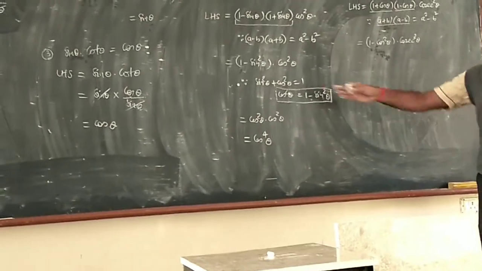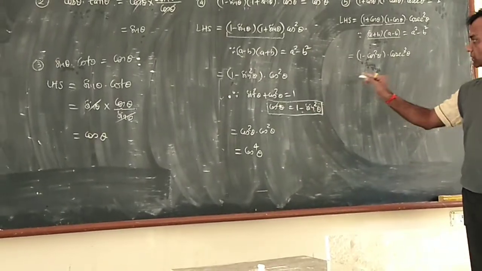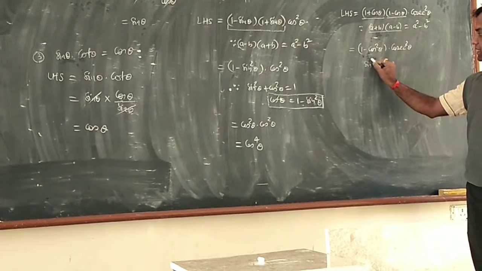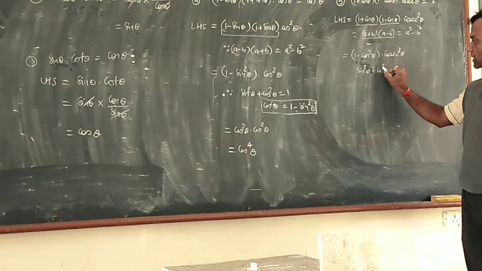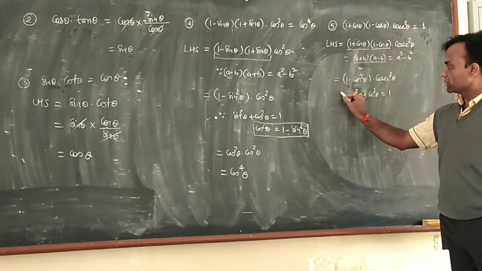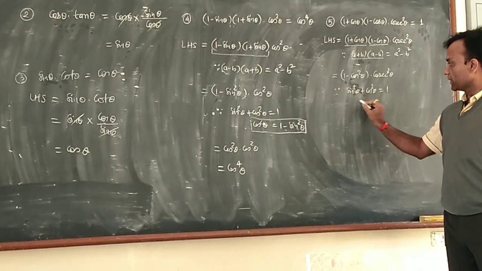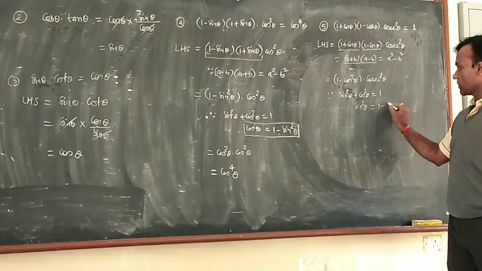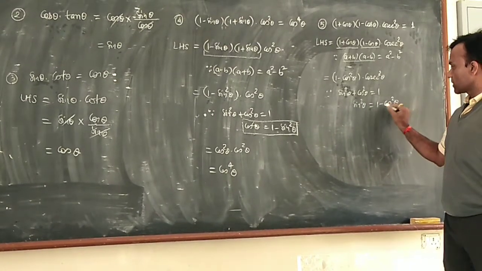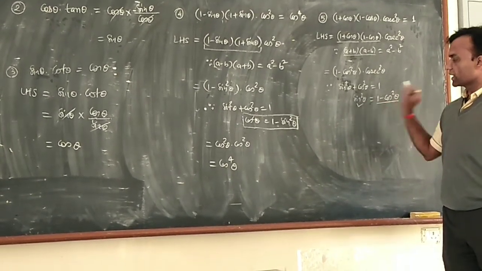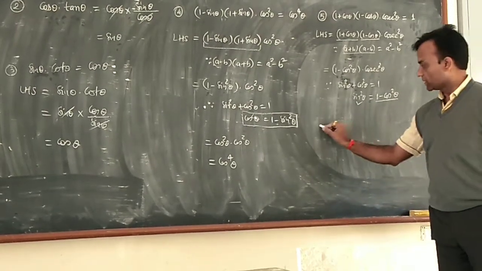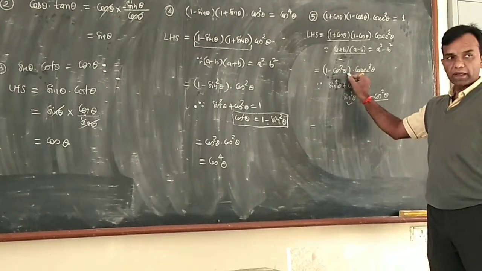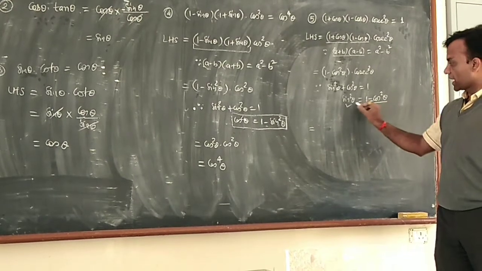Sin square. Similarly, the same concept we use here. We know that sin square theta plus cos square theta equals 1. Then you write sin square theta as it is, and 1 minus cos square theta is sin square theta. So in place of this bracket you replace it with sin square theta.